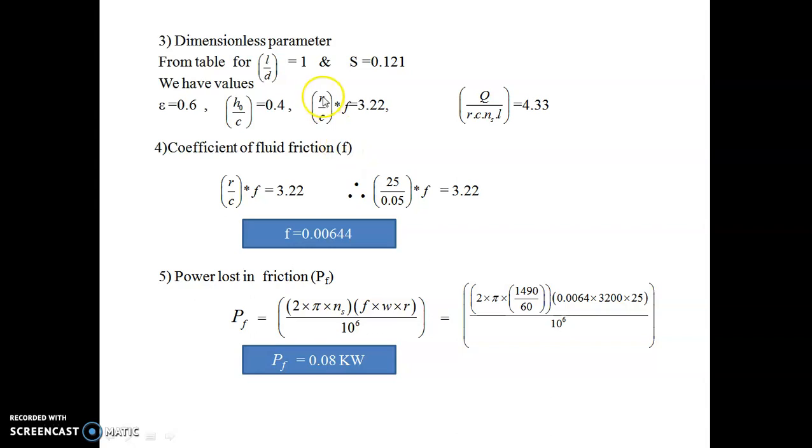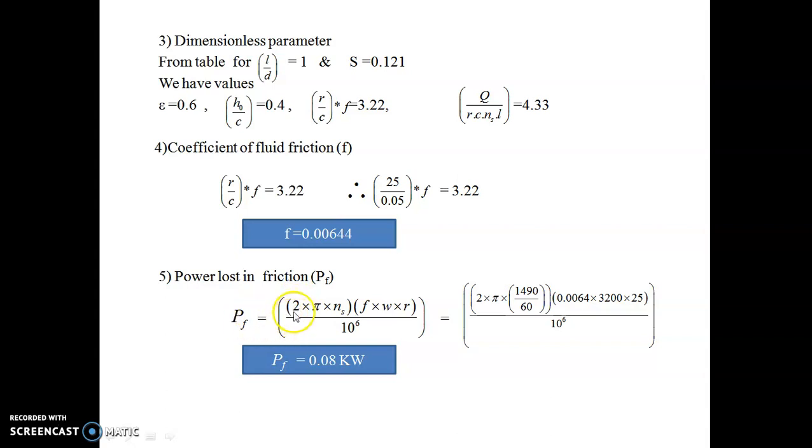Now I will calculate the coefficient of fluid friction first. We have R upon C into F equal to 3.22. We know the value of R and C, that is 25 and 0.05. From this equation, we can get the value of F equal to 0.00644. Next, power loss in friction PF.